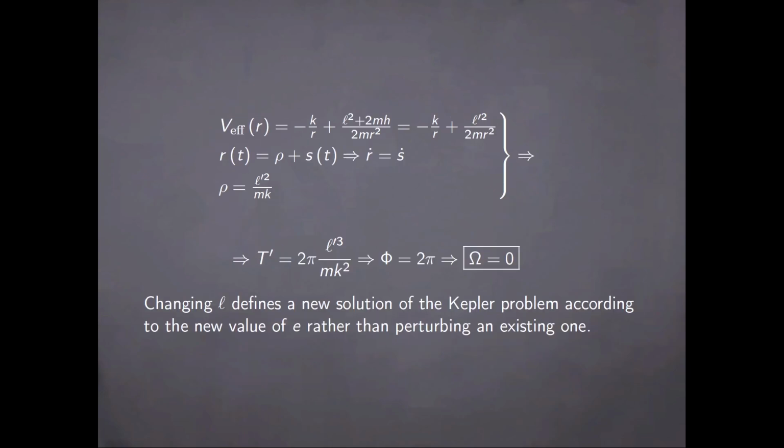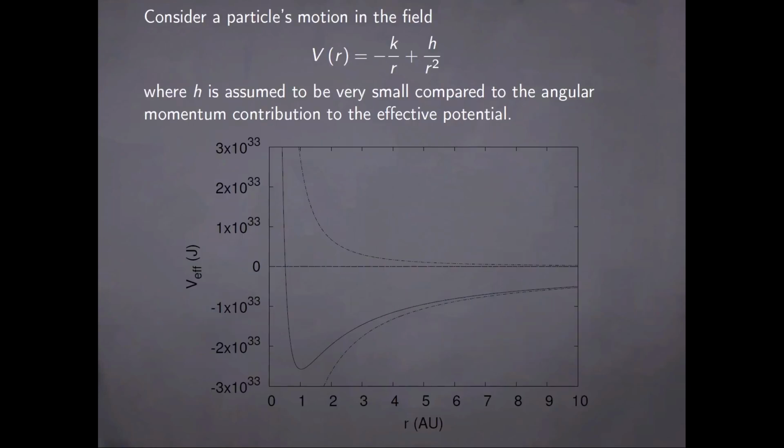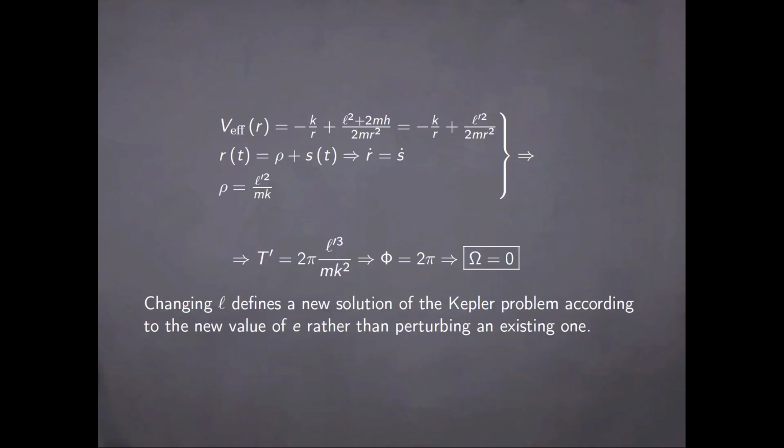What's important to note is that if we were to assimilate the perturbation here to a change in the effective potential, so effectively to a shift in the value of the angular momentum, so we could write the effective potential like this and just redefine the angular momentum according to this new value.